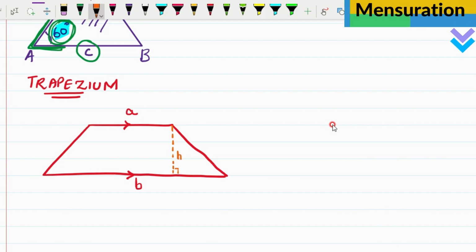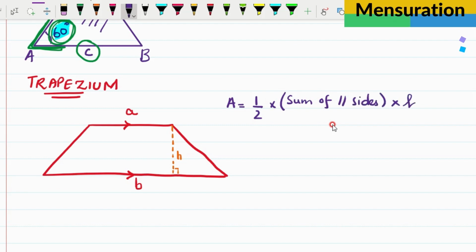So what is the formula of it? Its formula is area of trapezium is half into sum of parallel sides into height.